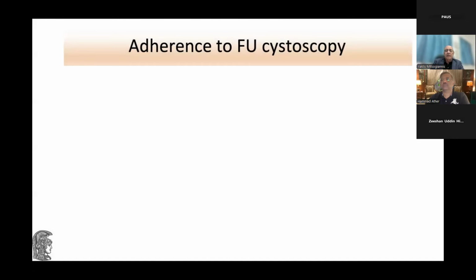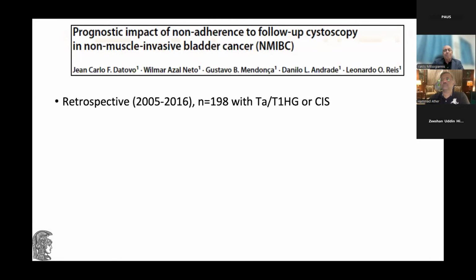Another issue is the adherence to follow-up cystoscopy. There are plenty of papers in the literature looking at that. The adherence to follow-up cystoscopy is about 80%. There are studies, for instance, reporting that non-adherence to the follow-up protocol may have a severe impact on the patient.